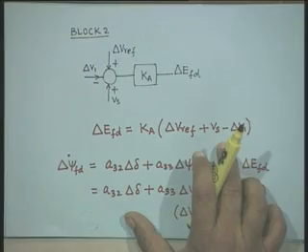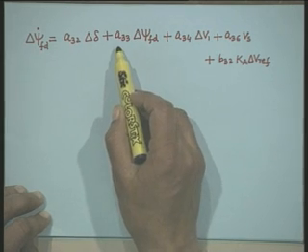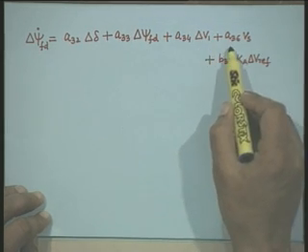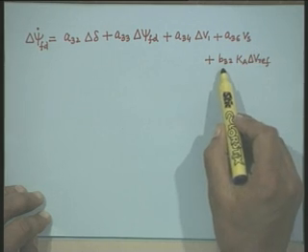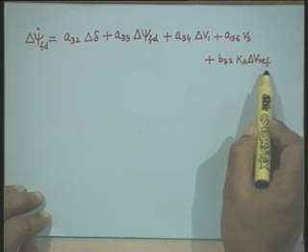Therefore, this delta Efd is now not a state variable and is to be eliminated. When this is done, you will get an expression in the form delta psi fd dot equal to A32 delta delta, A33 delta psi fd, A34 delta V1, A36 Vs, and AB32 Ka delta V reference.